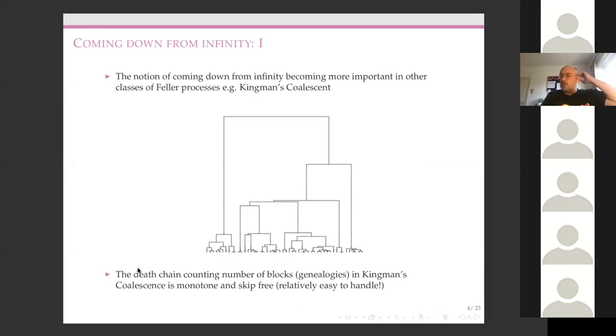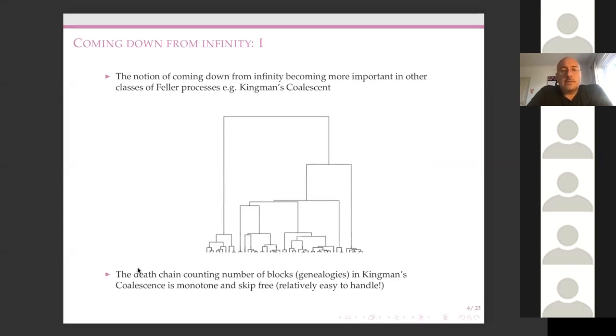It's more common to call it coming down from infinity recently, because we see it appearing in other types of stochastic processes, including, differently from the Feller situation, processes which undergo jumps, with path discontinuities. Here's another classic example: Kingman's coalescent, which I trust most people in the Zoom room know about.